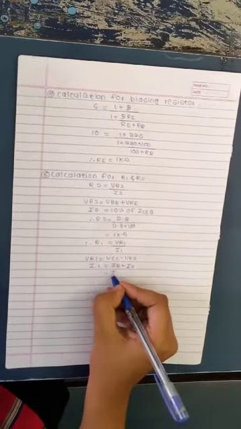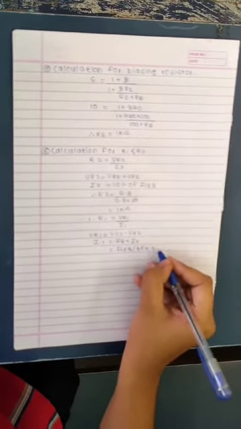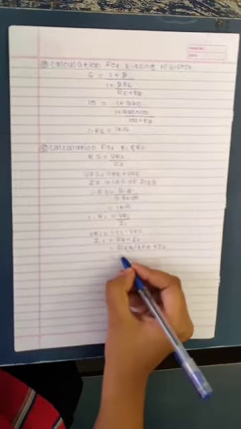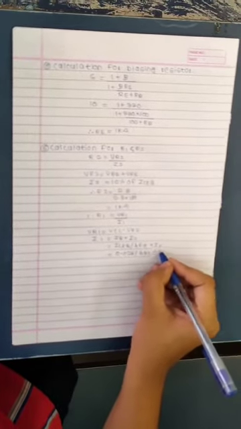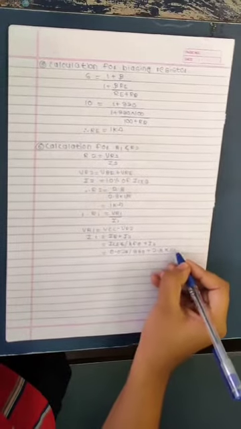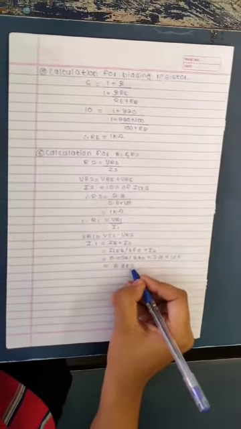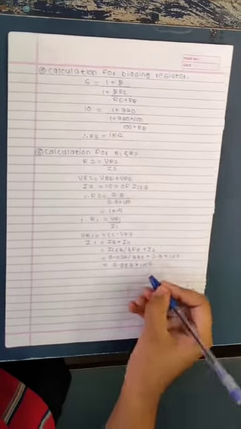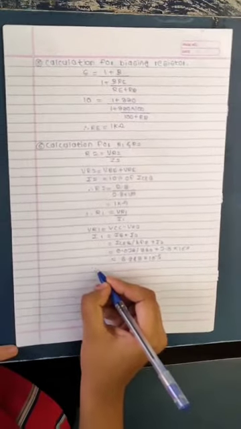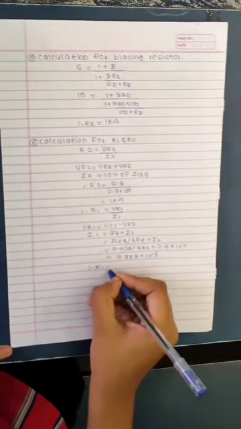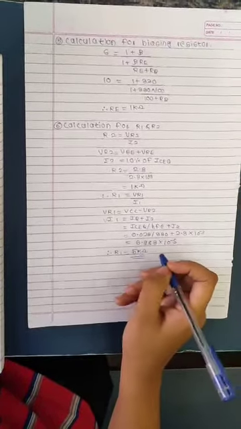IB is equal to ICEQ upon HFE plus I2, is equal to 0.023 upon 330 plus 2.3 into 10 raised to minus 3, is equal to 6.983 into 10 raised to minus 5. Then R1 is approximately equal to 5 kilo ohm.